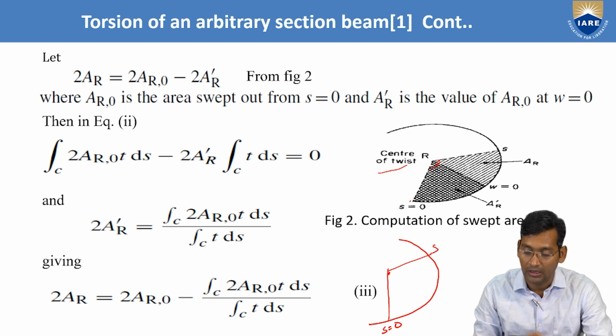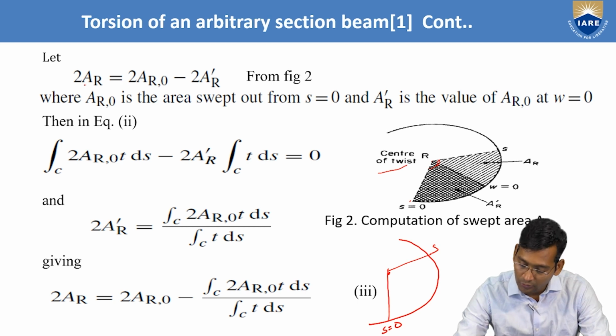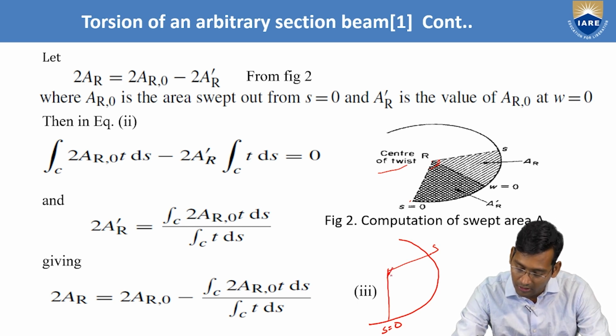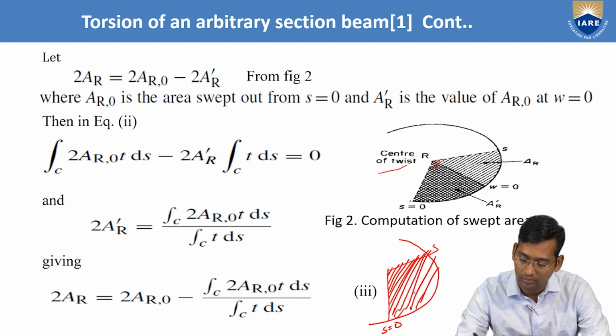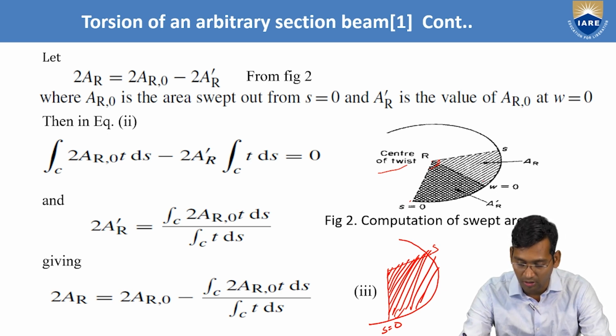Here is A. Now what we have to find is AR. Okay, so AR is this one. So just see here, from here, this total is AR. AR dash is half of this, not exactly half, but this one, AR not, because S is 0 at that time, and here wrapping is 0.